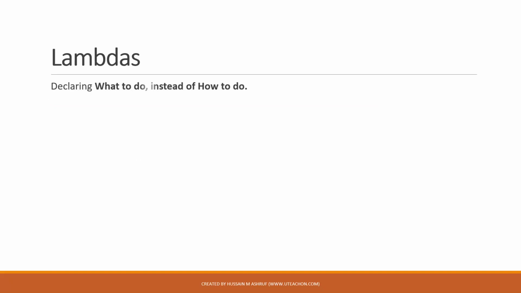Let's look at lambdas. Declaring what to do instead of how to do it. It gives cleaner, concise code that leads to higher productivity. The important point here is concise code. As we look further, they become a reduced form. Suppose 8 lines of code becomes 2 lines of code.